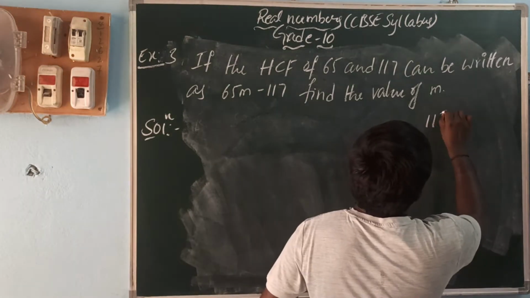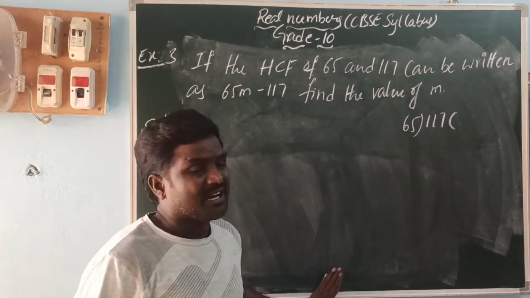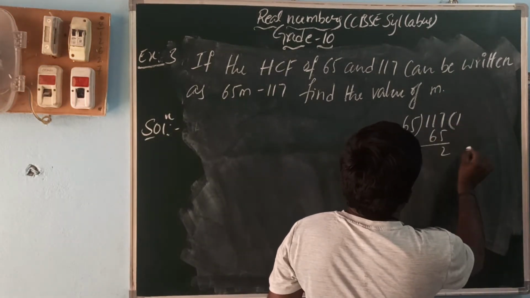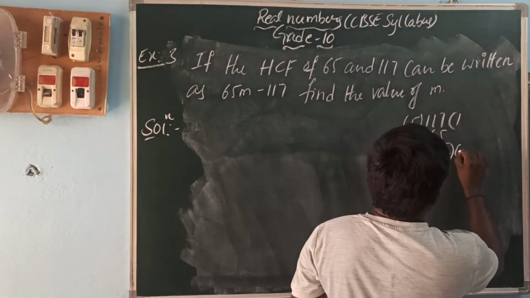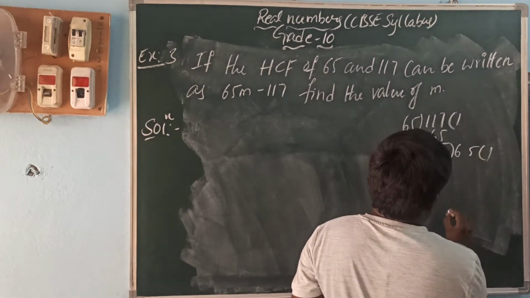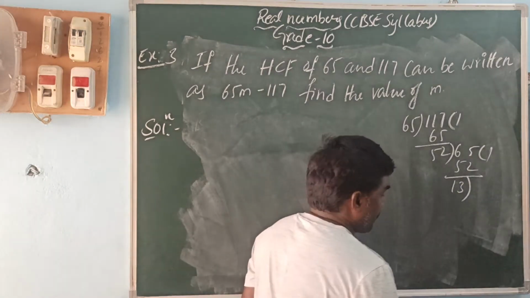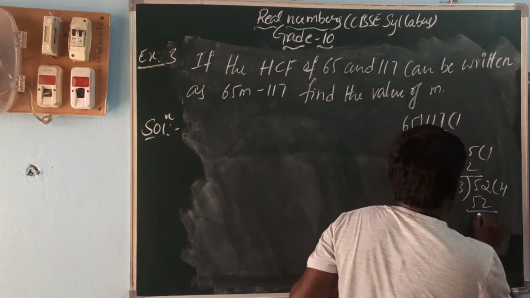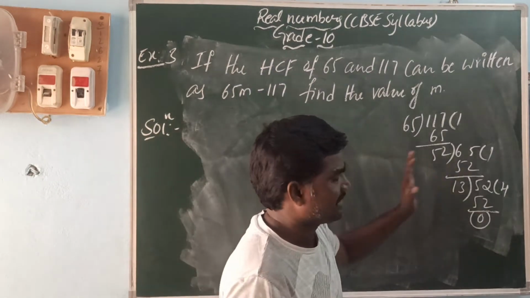Here 117 divided by 65. 65 2s are 130, but here the number is 117, so 65 1s are 65, and the remainder is 52. Then 52 divided into 65: 1 time 52, the remainder is 13. This 13 again divides 52. 4 13s are 52. The remainder is 0. So where do we get the remainder 0? At the divisor 13.